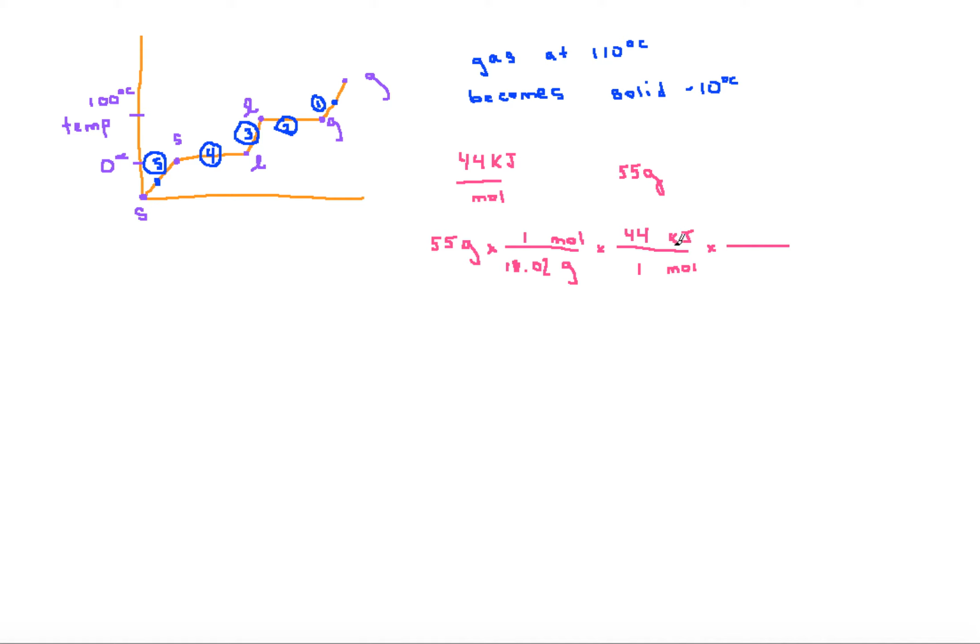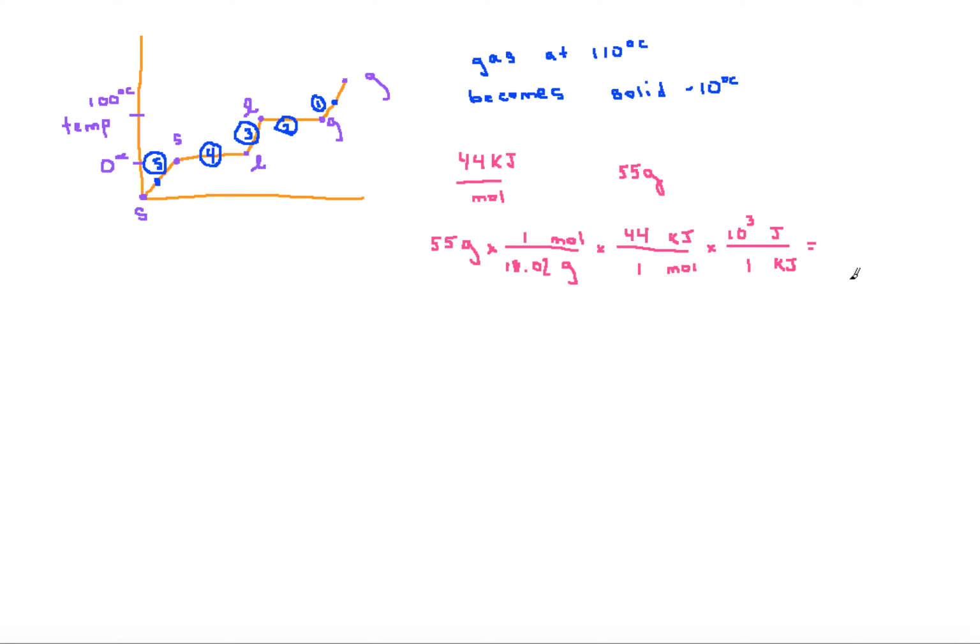If I were to ask for kilojoules, which I might, then you could leave it like that. But just as review, if I want to get into joules, I'm going to put kilojoules on bottom and joules up top. And there are 1,000, or 10 to the third, joules in every 1 kilojoule. And so in the math that you're doing for any plateau here, it's going to be just like this.